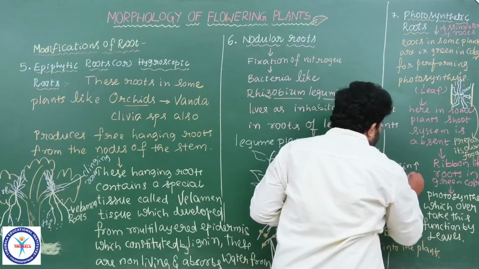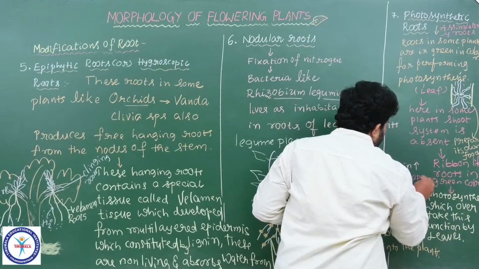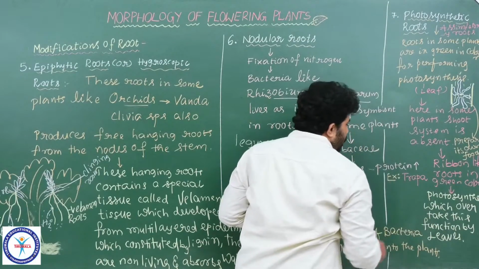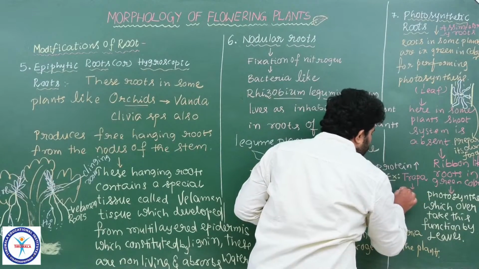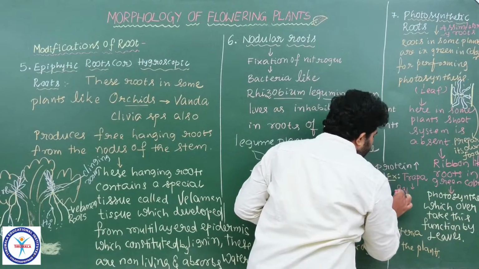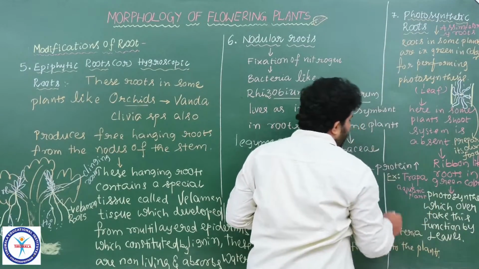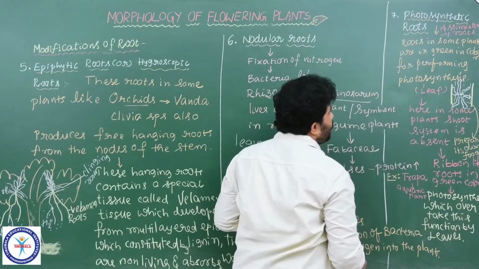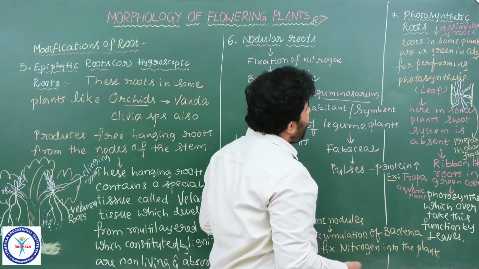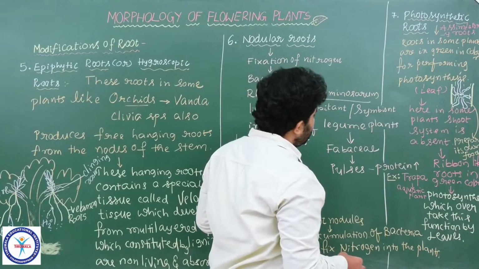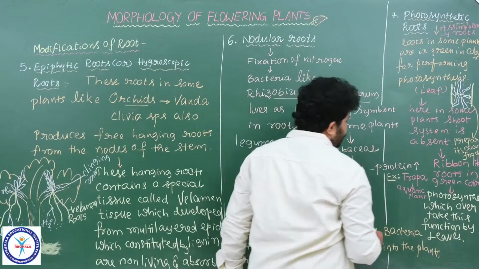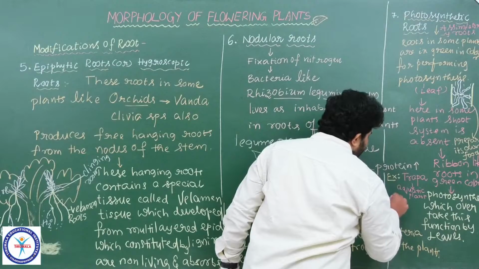Example, Trapa. Trapa is an aquatic plant, of course, where the roots are balanced and conducting photosynthesis. Trapa, Tinospora.